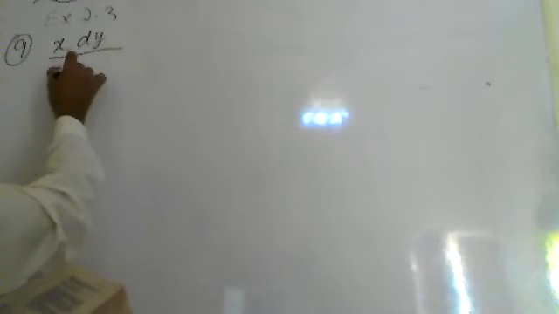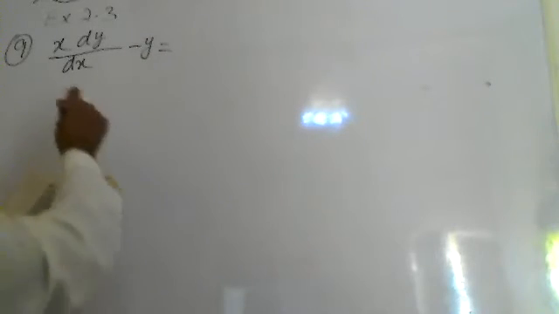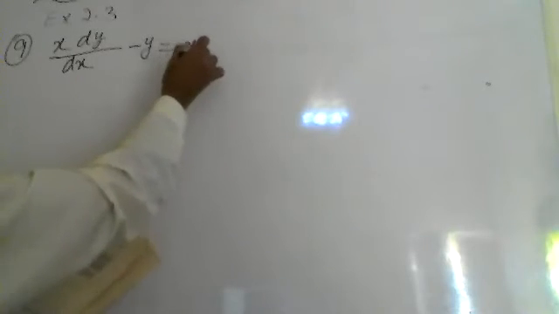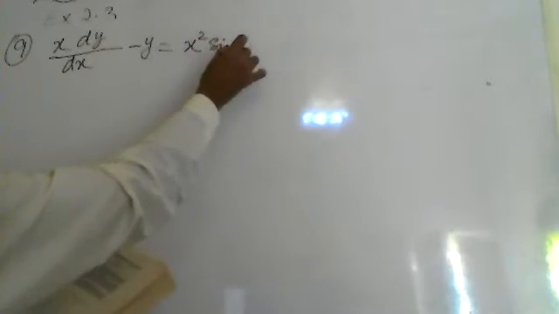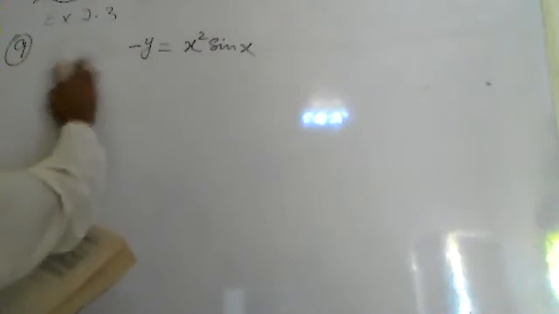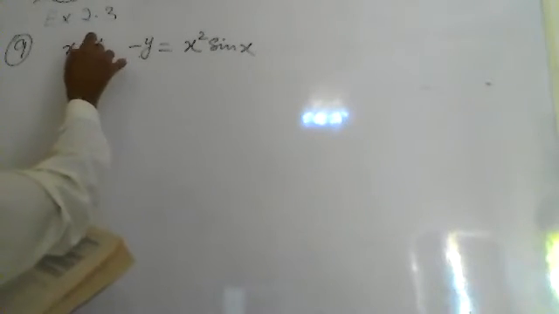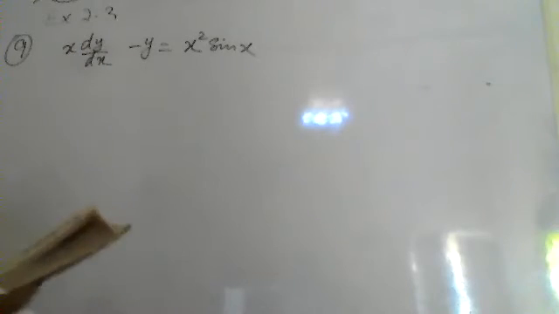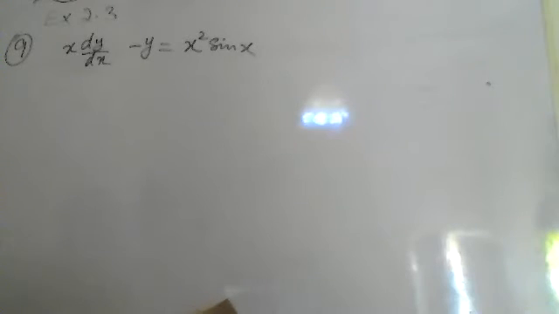X dy upon dx minus y is equal to x square sin x.